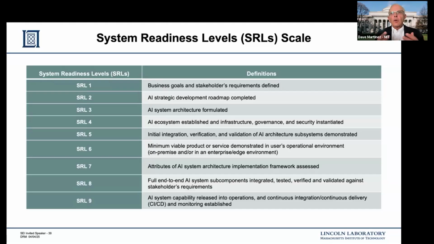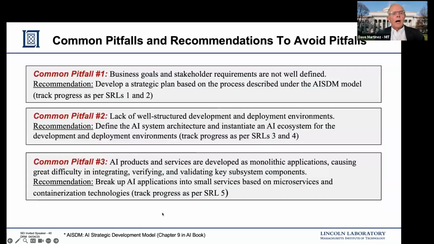What are the business goals? What are the stakeholder requirements? And so on, marching all the way to the minimum viable product. And then ultimately, how do you implement it in a flow that includes continuous integration and continuous delivery, referred to as SRL 9.